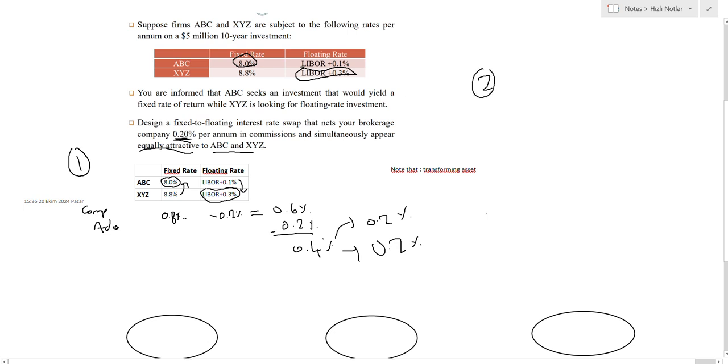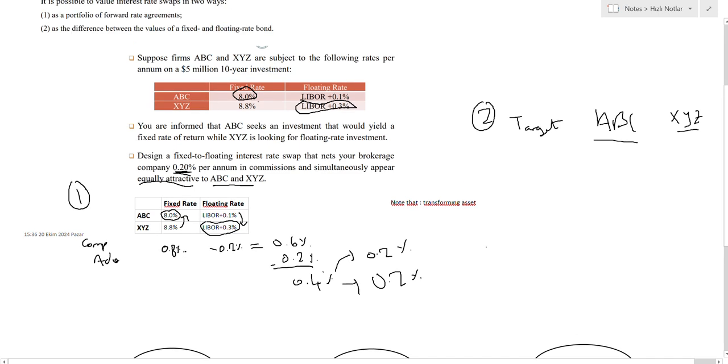And second step, the target for ABC company and target for XYZ company. So in the question, we already know that ABC company can take 8% fixed rate, but we find the advantage as 0.2%. Then we will offer the ABC company 8.2% fixed rate. XYZ company wants a floating rate investment.